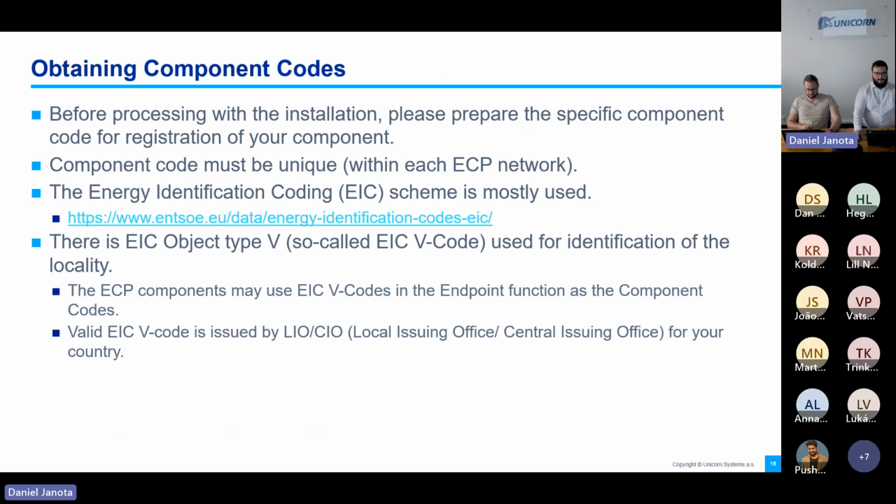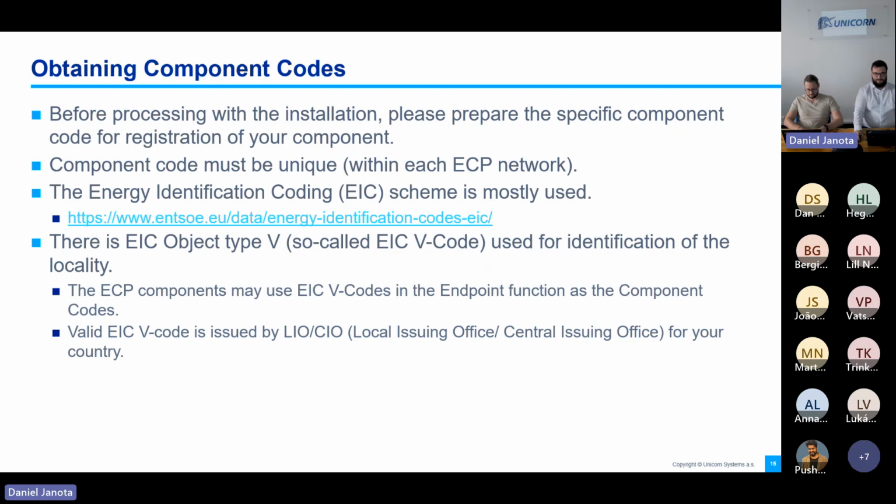Also, before the installation, you should obtain some component codes. These codes, or EIC codes, Energy Identification Coding Scheme, which is mostly used, can be obtained from a local or central issuing office for a country. You would need to contact them to get the code, which can then be used for registration on the ECP endpoint.